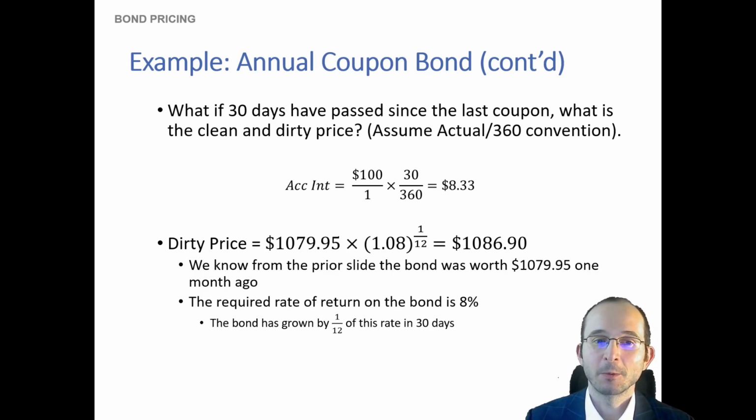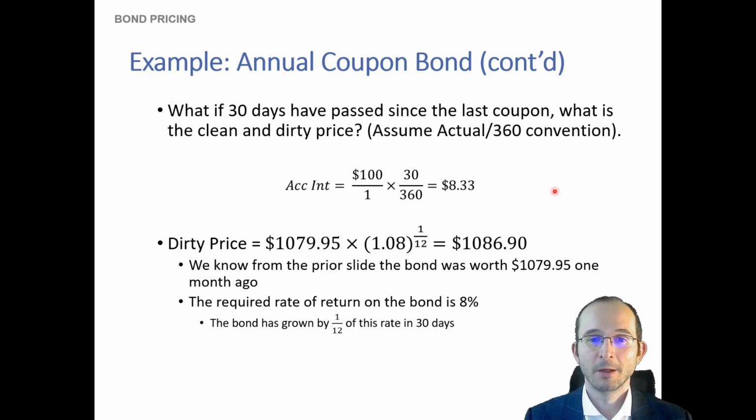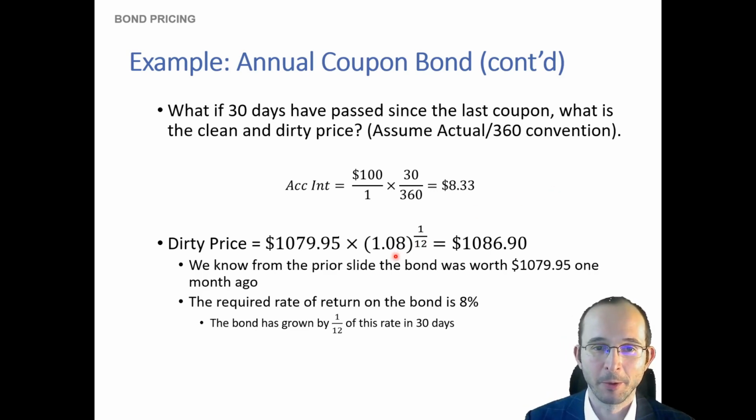Now, how do we get what the sort of all-in, including accrued interest, price of this bond is? Well, one simple way to do it is to say we know what it was worth 30 days ago, and we know what the required rate of return on this bond is. Remember, the yield, the required rate of return, is 8%.